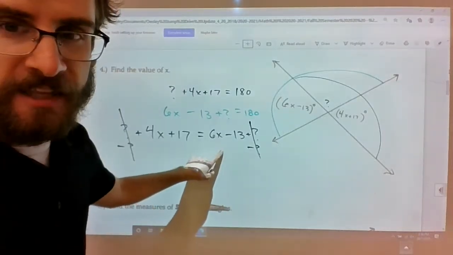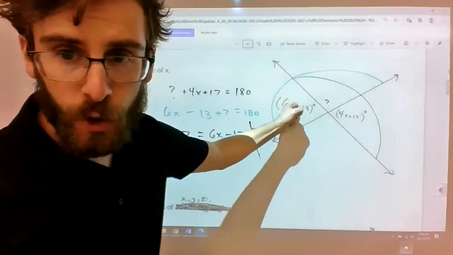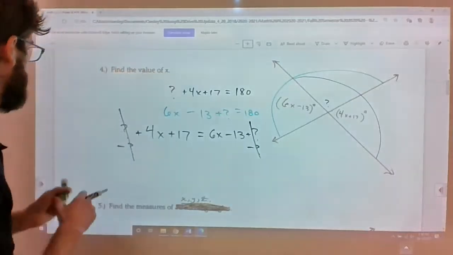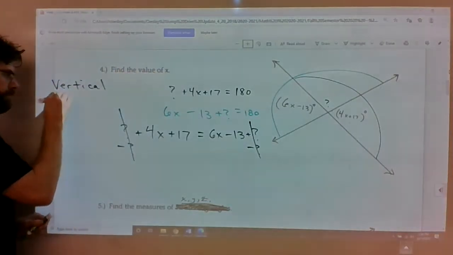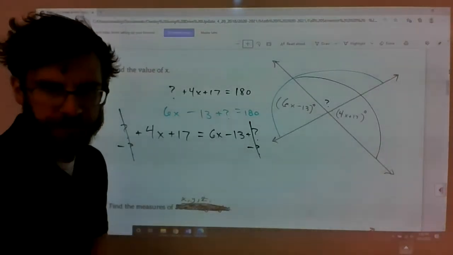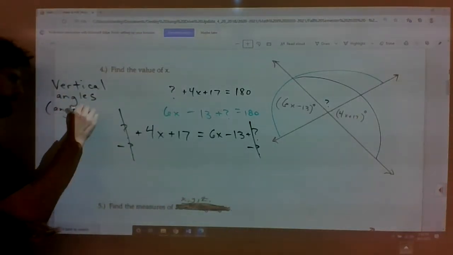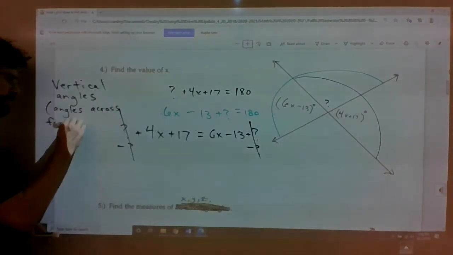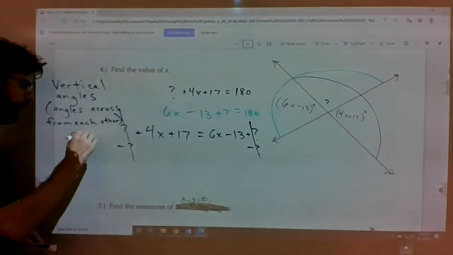Vertical angles mean that if you have two intersecting lines, then the angles across from each other are the same. Okay? So, vertical angles, angles that are across from each other, are equal.